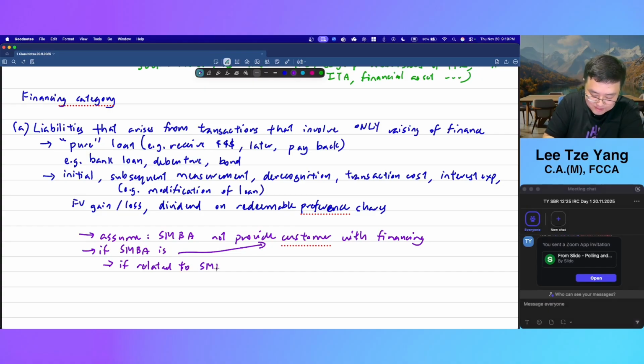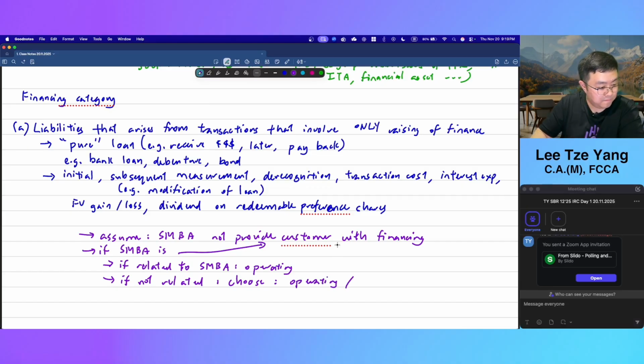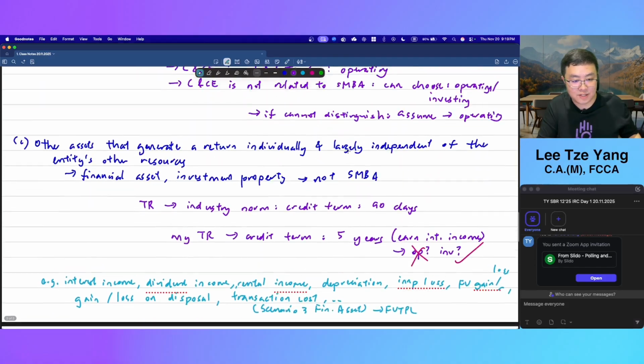If related to SMBA, operating. If not related, then you can choose whether you want operating or financing. Everyone, you will see this one is similar to cash and cash equivalent.